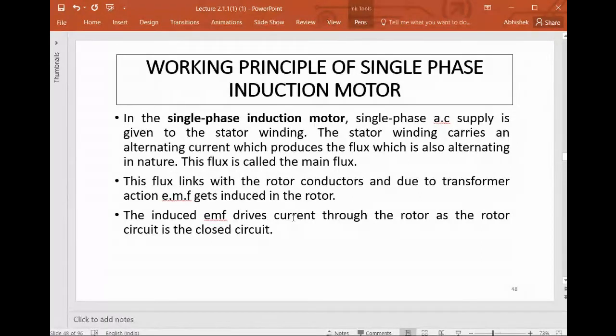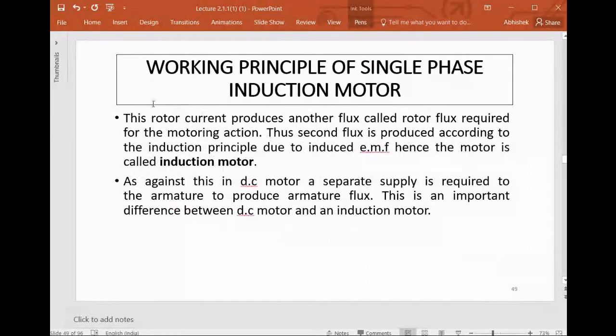The induced EMF drives the current through the rotor, as the rotor circuit is a closed circuit. This rotor current produces another flux called the rotor flux. Thus, a second flux is produced according to the induction principle due to induced EMF. Hence, the motor is called an induction motor.